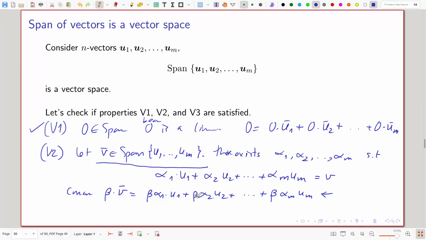And this is also a linear combination of u1 to um, right? Because you have some numbers, you scale u1 by something, u2 by something, you add them up. So this beta v is also a linear combination of vectors u1 to um.